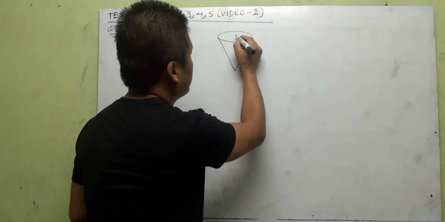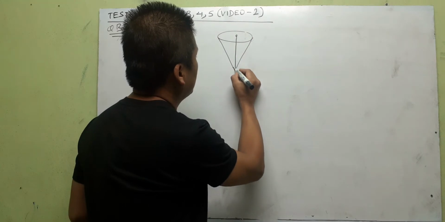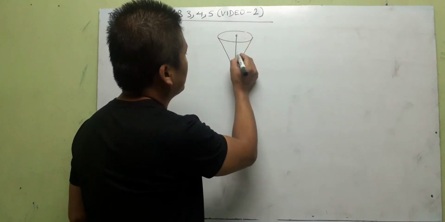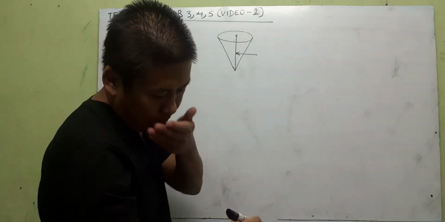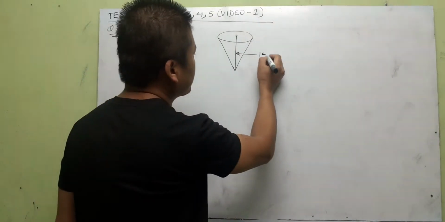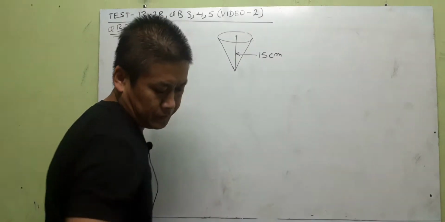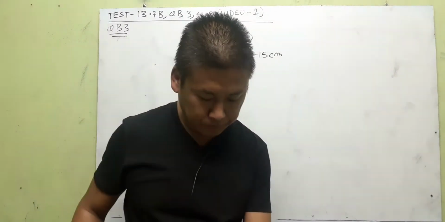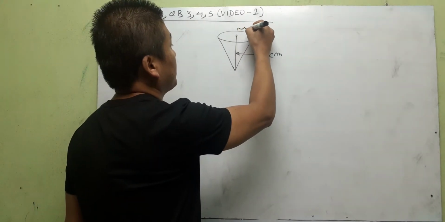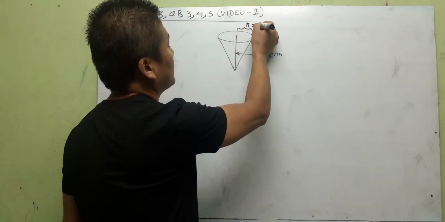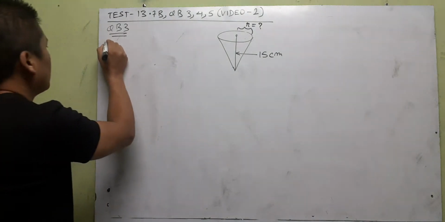Now here the height of the cone, which means the line joining the center of the circle at the top to the vertex of the cone, is given as 15 centimeter. Then we have to find the radius of the base of the cone. So this is the one that we have to find, r, which is yet a question mark.